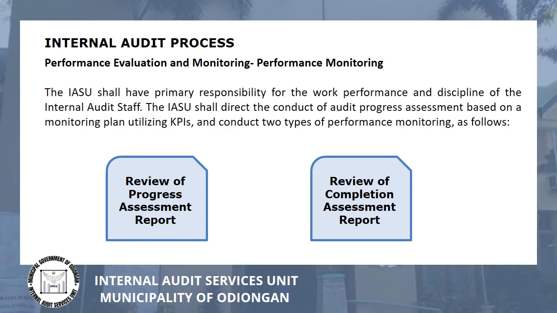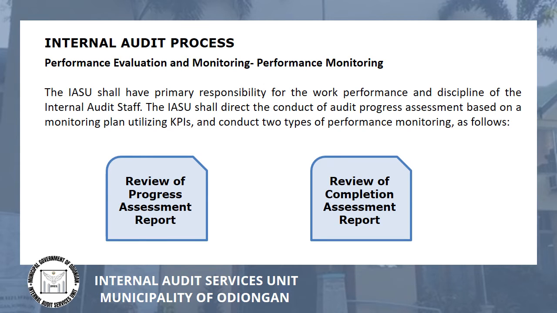Findings and recommendations promote the adequacy of internal control pursuant to the DBM rules and regulations. High standards of ethics and efficiency of public officials and employees are observed pursuant to CSC rules and regulations. The progress assessment report shall be subject to the approval of the IAS head. The audit team leaders shall ensure the audit engagements are assessed at a stage before the exit conference.